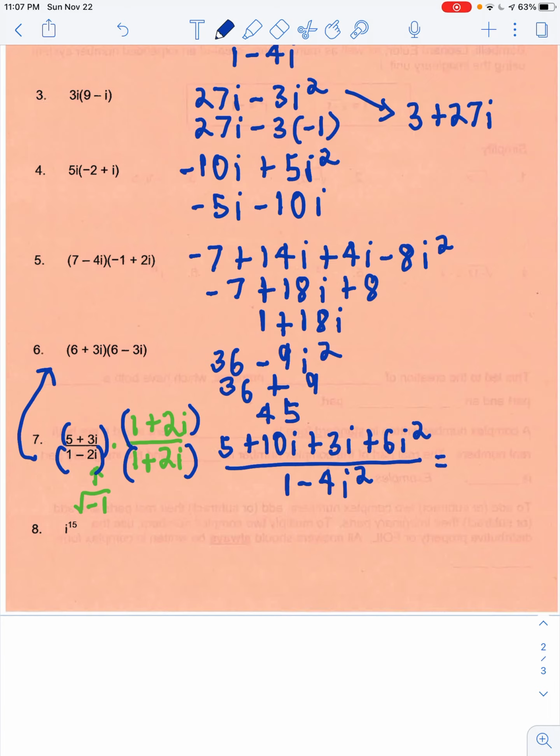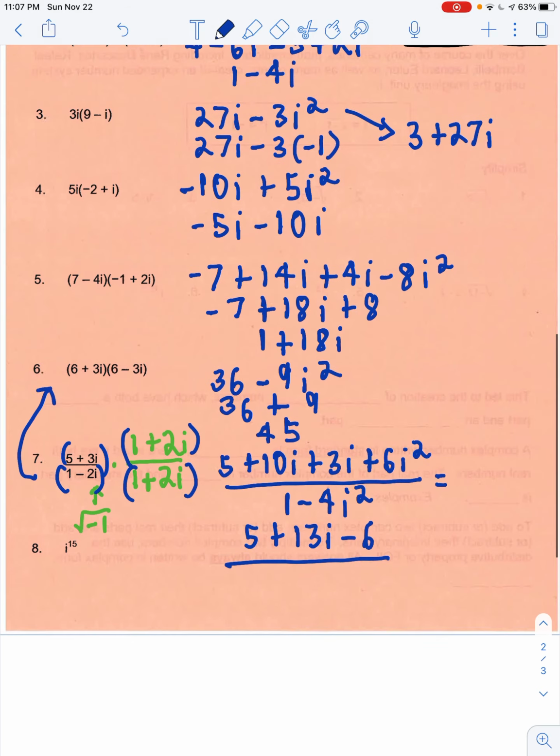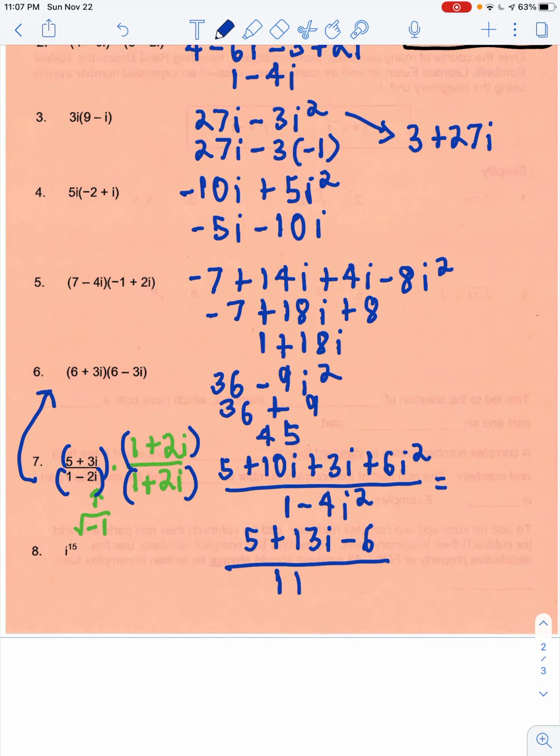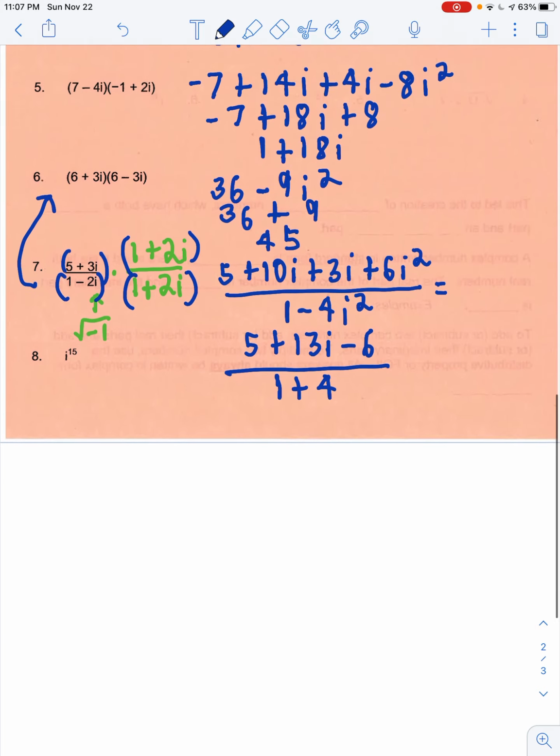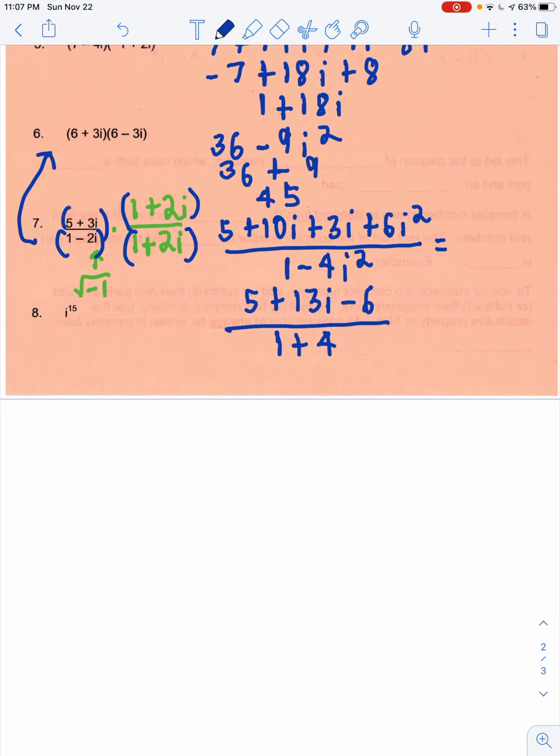So now I want to simplify, and I'm going to go down here. In the numerator, I'm going to have 5 plus 13i minus 6. That's going to be all over 1 plus 4. And then at this point, the positive 5 and the negative 6 become negative 1 plus 13i. And that's all going to be over 5.